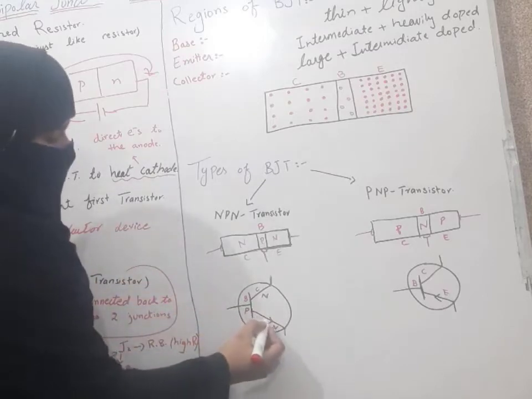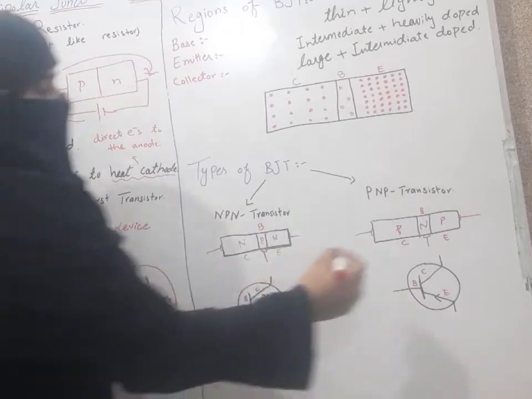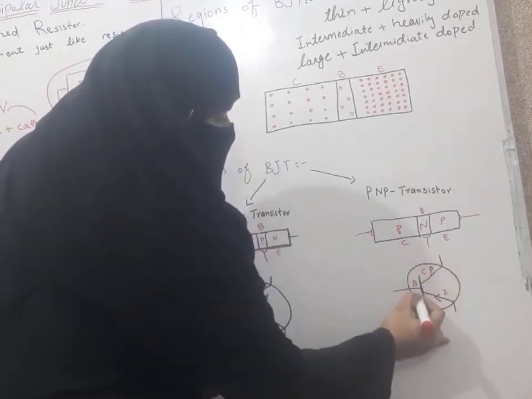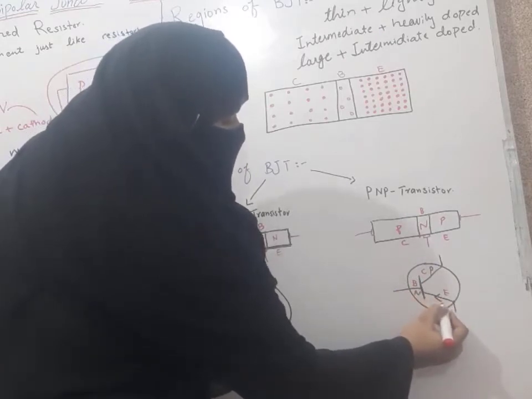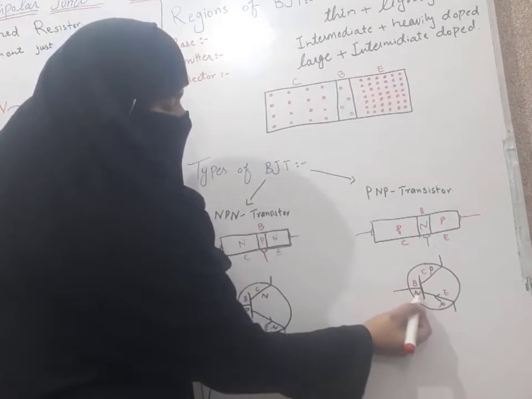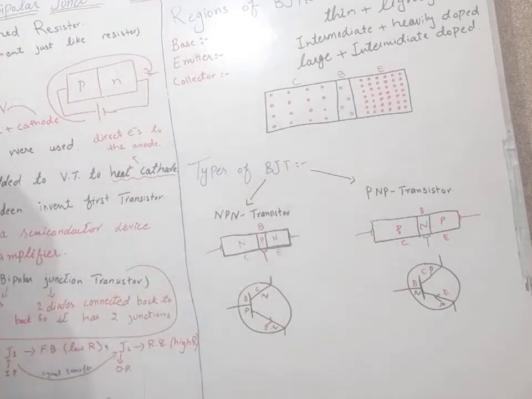For the PNP transistor, our collector is P type, base is N type, emitter is P type. So our current direction will be from P to N for the forward biasing case.